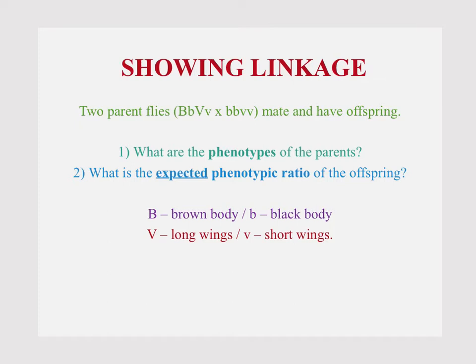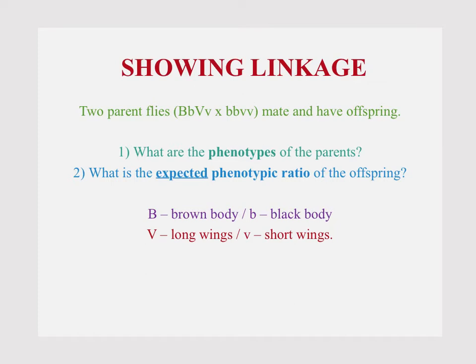We've got two parent flies, one of which with the genotype big B, little b, big V, little v, and one with the homozygous recessive genotype, 2 little b's, 2 little v's. Okay, now I want you to think, using the key, what are the phenotypes of the parents and what is the expected phenotypic ratio of the offspring?